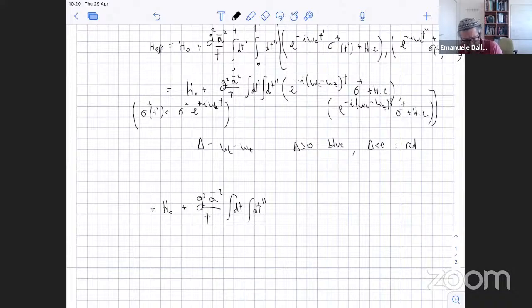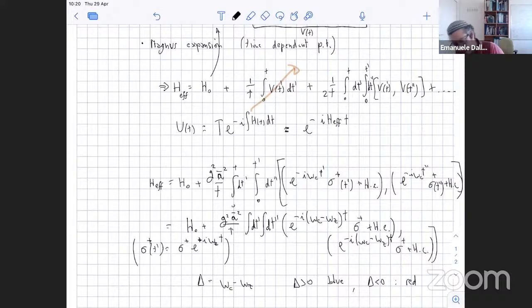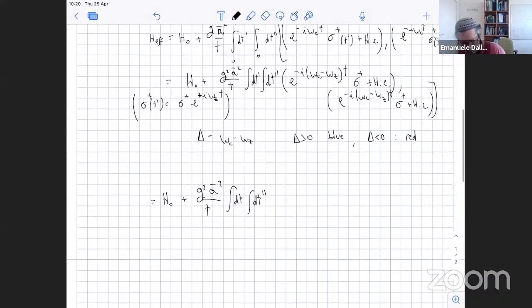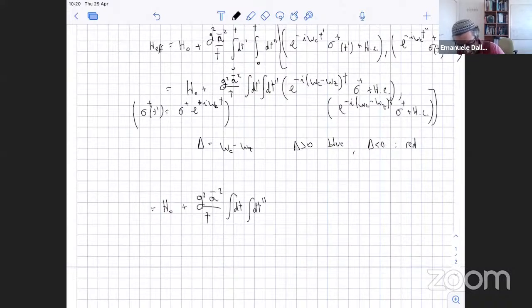There are factors of 2, as in the Magnus expansion, but we don't care about factors of 2 in this course. The important thing is that there is a sigma z. This is the key point.